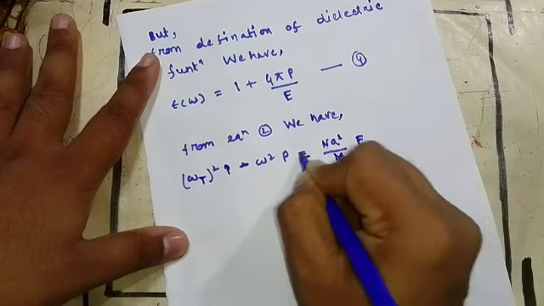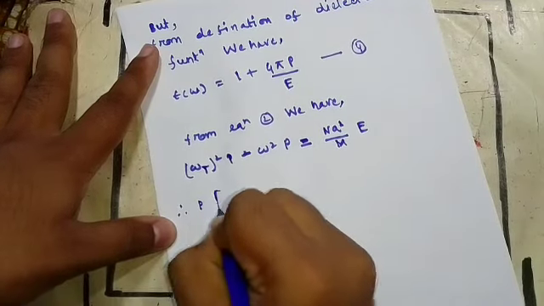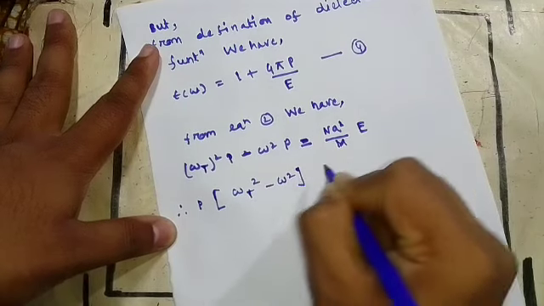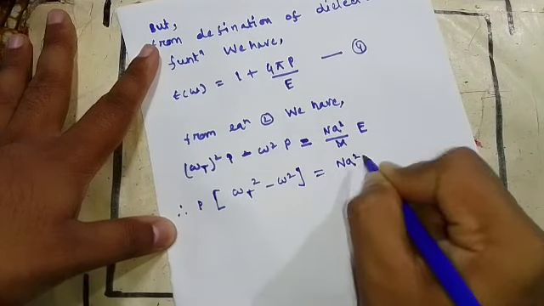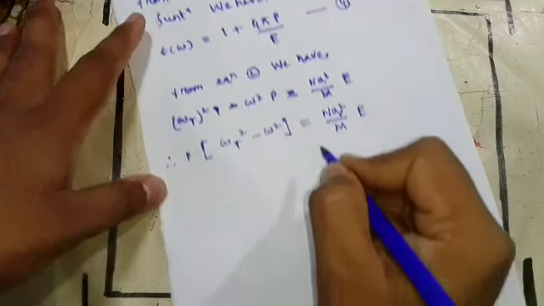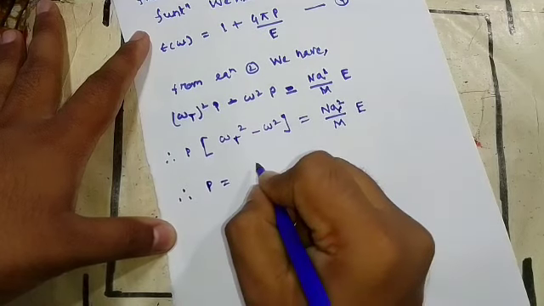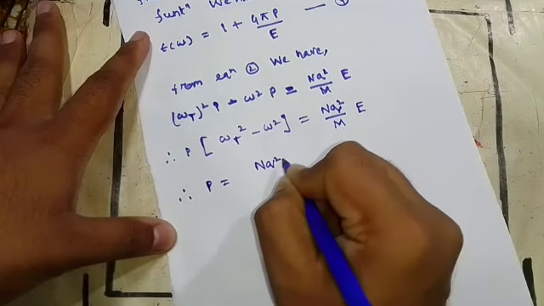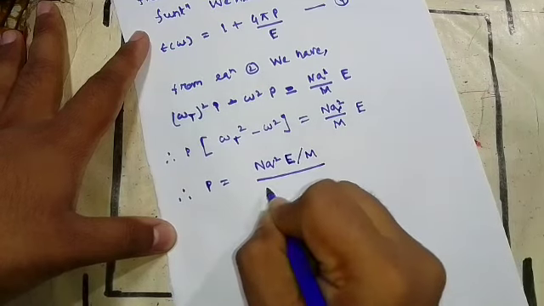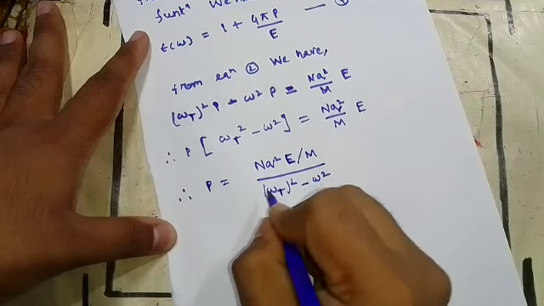Here we take p as common, then we get (omega t square minus omega square) p is equal to n q square e by m. So simply p will be n q square e by m divided by omega t square minus omega square.